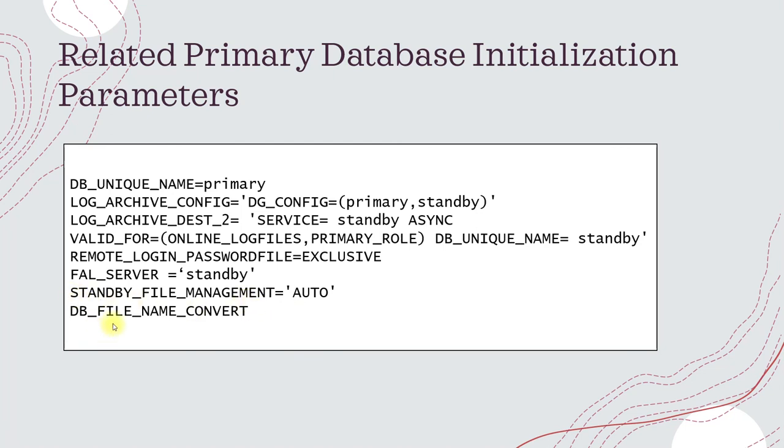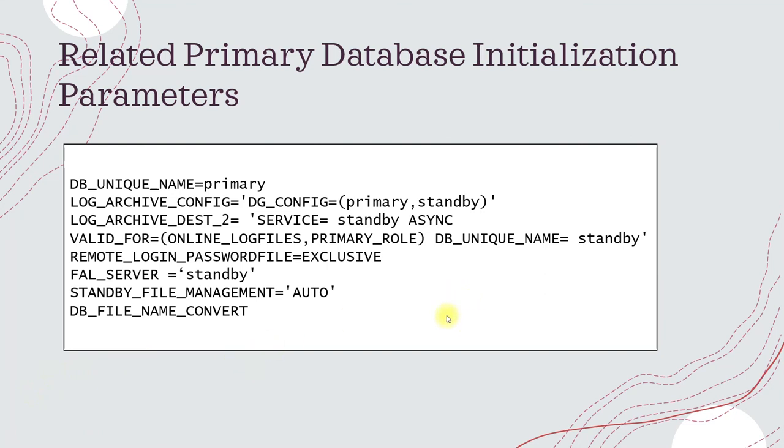But if the primary database file location and the standby database directory structure are completely different, and you want the data files and redo logs to be stored in a different directory structure, then you need to make sure to configure the db file name convert parameter.